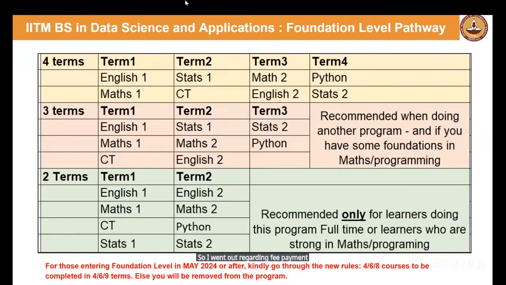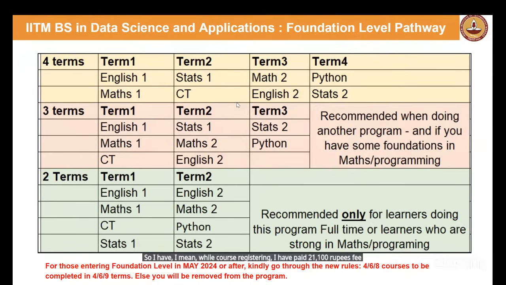Okay. So currently in completed and pending courses, I am being shown statistics for data science 2, English 2, programming in Python, mathematics for data science 1, post training, English 1, statistics for data science 1, computational thinking, and mathematics for data science 2. While registering for courses, I have paid 21,100 rupees fee.